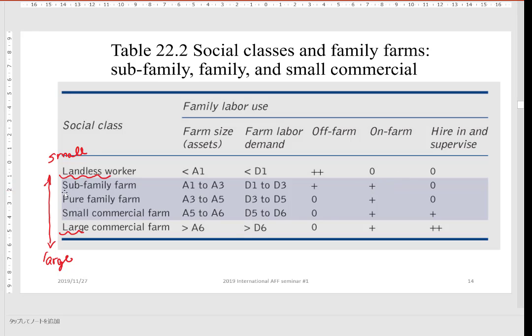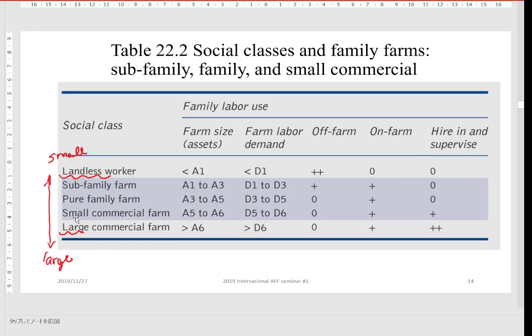Then in the case of the third category, the purely family farm, a purely family farm is defined as not using family labor off farm. Only on farm is the way to use family labor. That is the definition of the purely family farm. No hiring in, and no work of supervising.